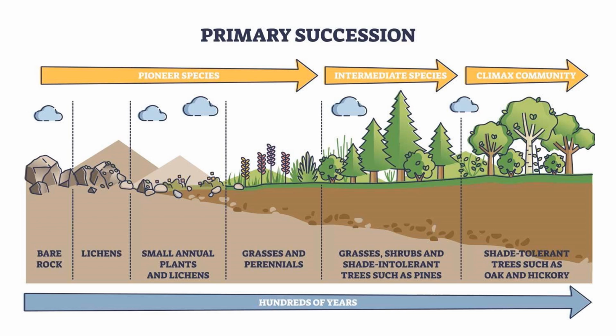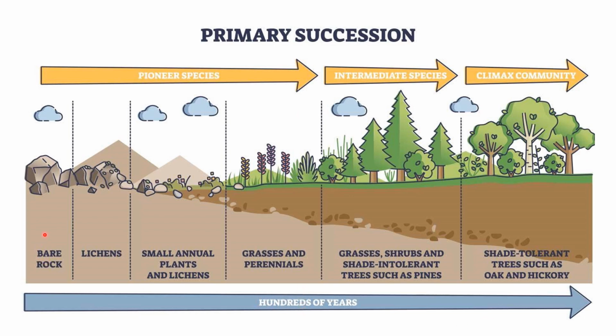Primary succession can easily be understood using these pictures: the pioneer species, intermediate species, and climax community. This whole process takes hundreds of years.